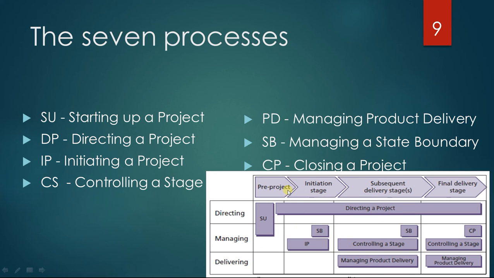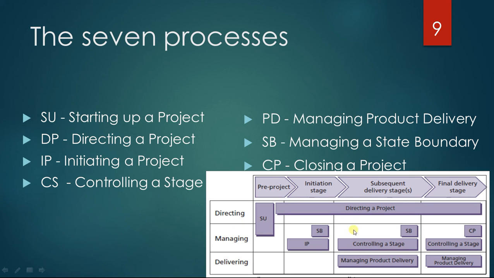And a PRINCE2 project always starts with a small pre-project, and the most important thing in that process is you need to find out who's the project board executive, who owns the business case, and then you need to find out who's the project manager.